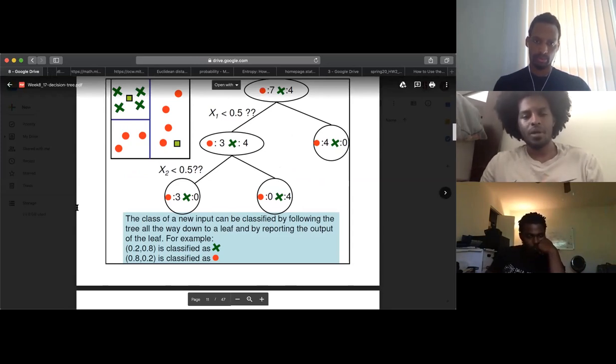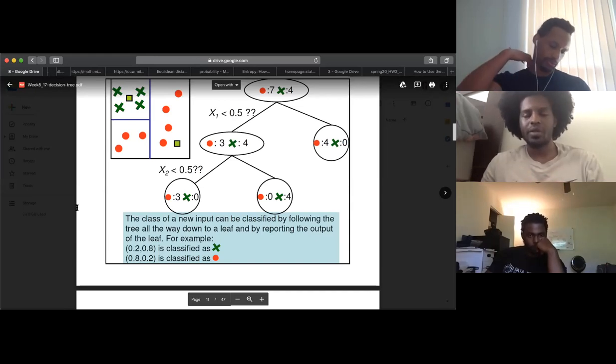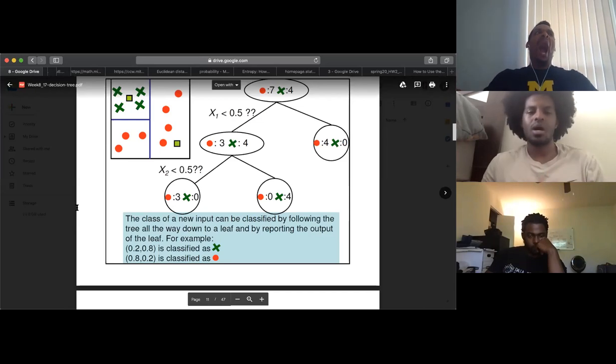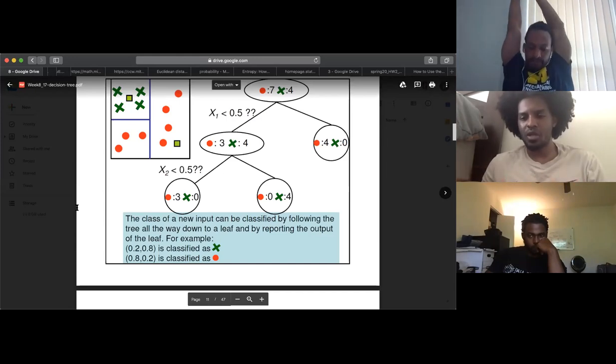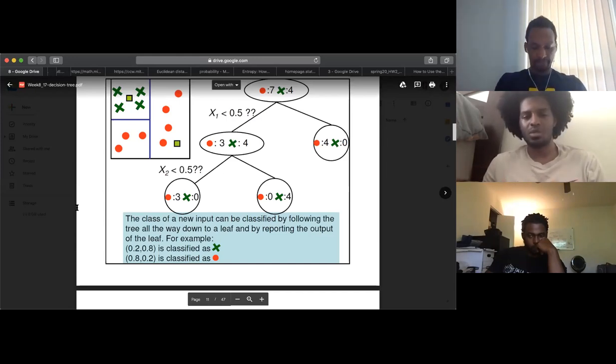This means that if I get new data after I've already built the tree from the training data, as long as I have a probability for x1 and a probability for x2, I can always determine the value. I don't have to know if it's a red dot or a green cross. All I need to know is the value for random variable 1 and random variable 2, and using the decision tree, I can arrive at what the outcome should be.